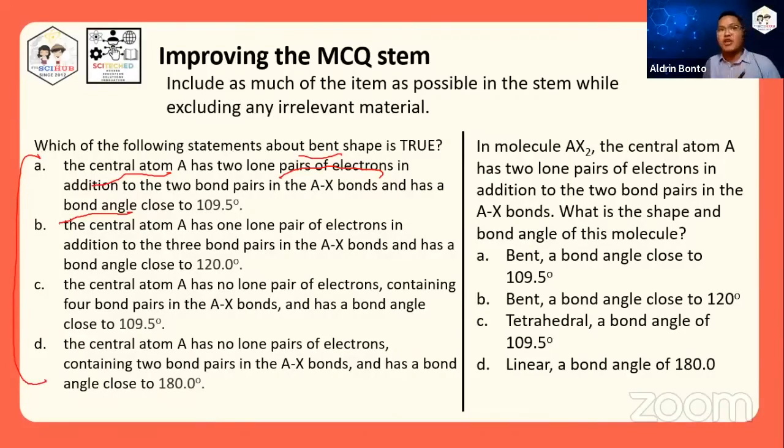The question now is, what is the shape and bond angle of this molecule? Ayan. So we can now have an improved version. So in this improved version, the students are now directed. Unlike in the prior, medyo yung mismong question is mahaba, at the same time, nagkakaroon ng confusion yung bata.